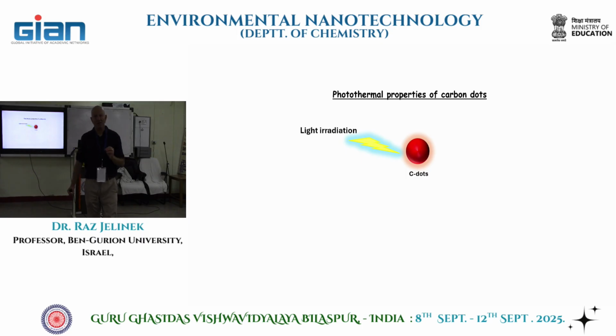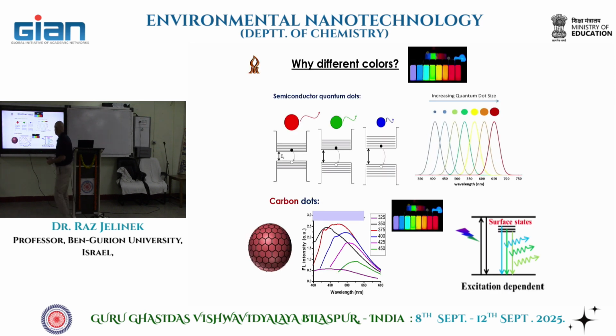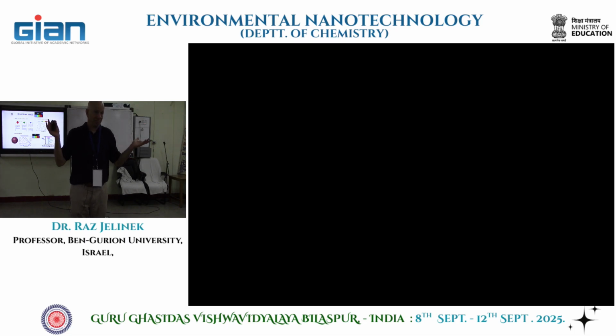Our story is not color, but is related to the fact that when you shine light on the carbon dots, remember this slide, when you shine light, you excite the electron from a low level to a high level. Now, when you excite the electron from low level to high level, what does the electron want to do? Go back.